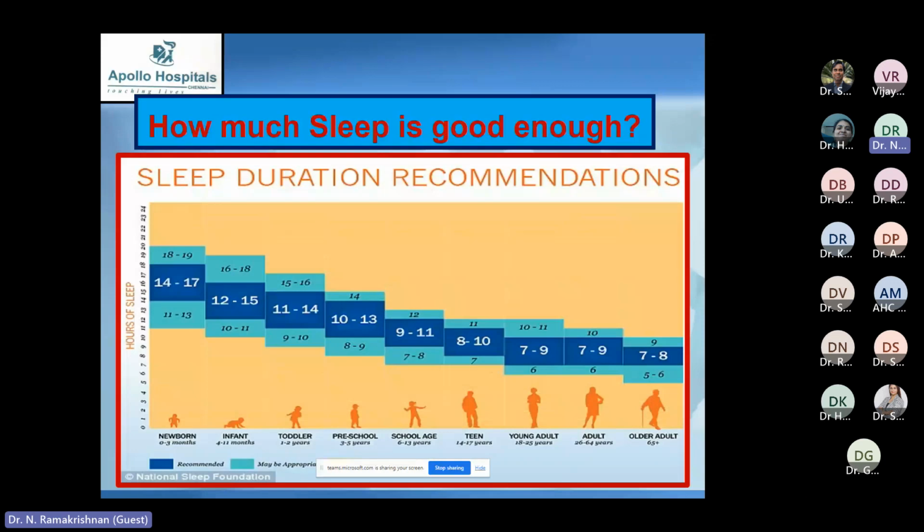But I don't think any child gets that now, considering all the competitive exams and several other commitments that they have. And as adults, most of us would need somewhere around 6 to 8 hours. Older adults or senior citizens also require a similar amount of sleep, although some of them may take part of that in the afternoons.